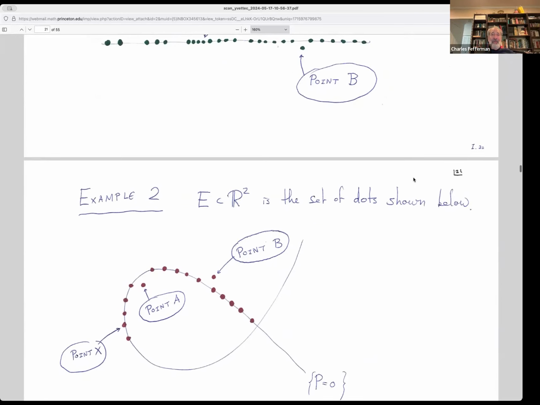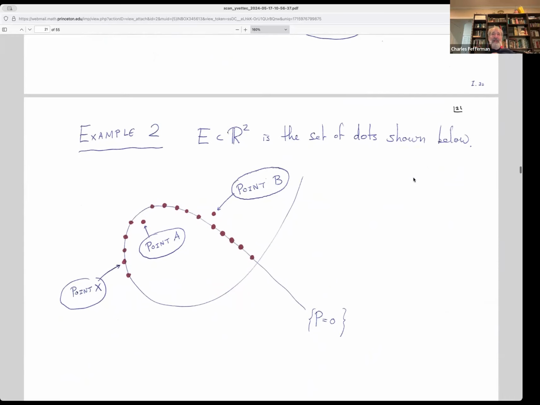Example 2 looks more general, but it's basically the same. Imagine E is the set of dots on this alpha-shaped thing, which is supposed to be the set where some polynomial is 0. Let's say the polynomial is of degree 3, and we're interested in C4 functions.